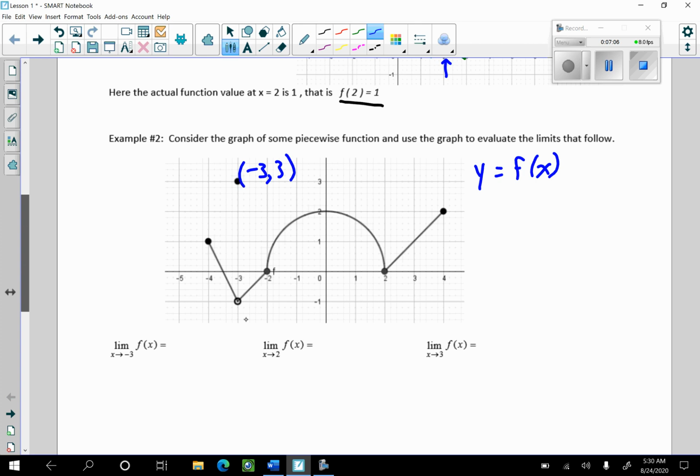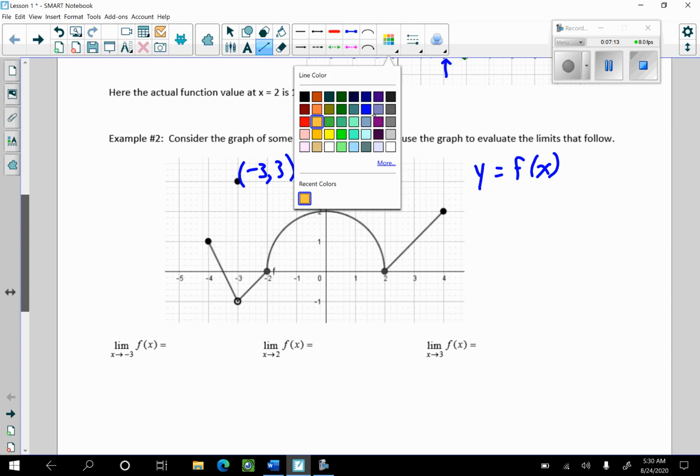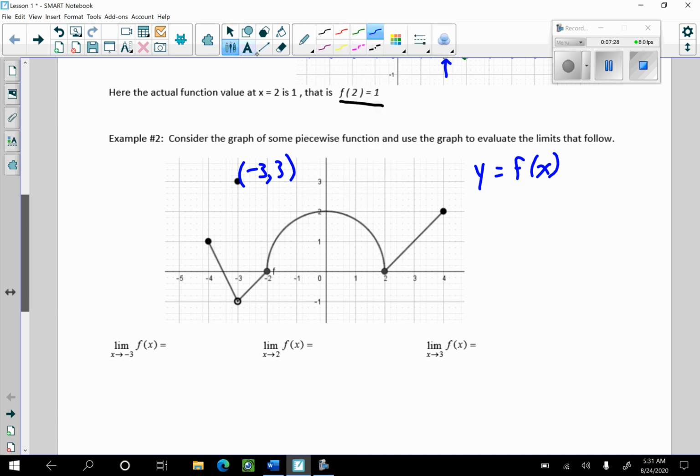I want to ask myself some questions. The limit as x goes to -3 of f of x. So as x goes to -3, what do my y values go to? As x approaches -3, from the left and the right, as my x values get close to -3, what are the function values getting close to?